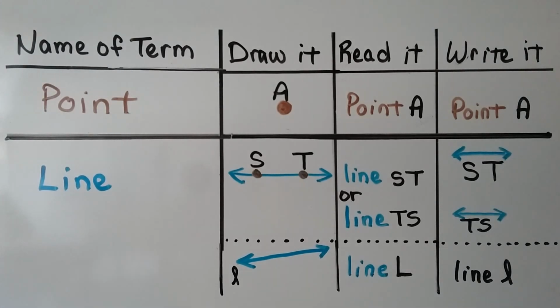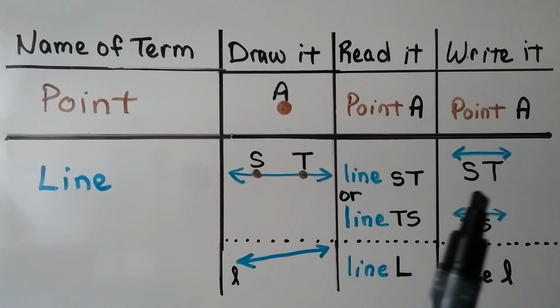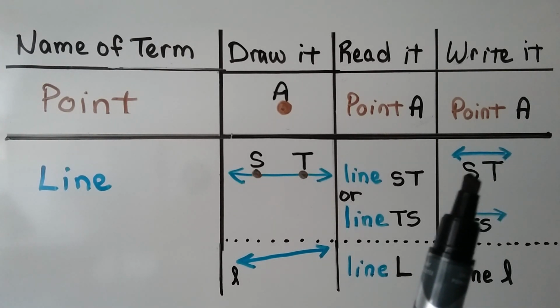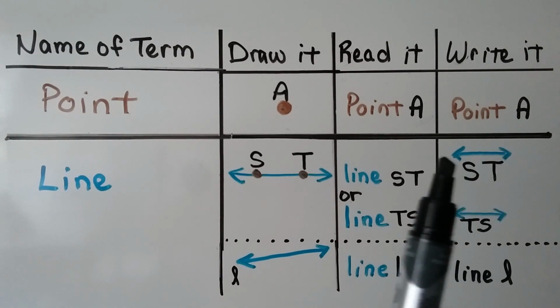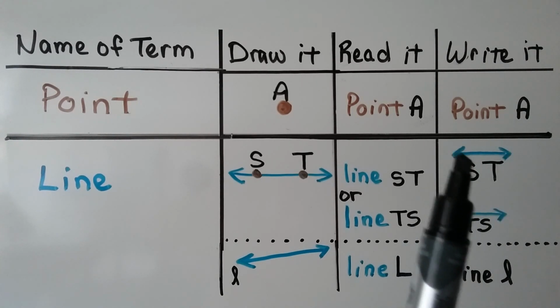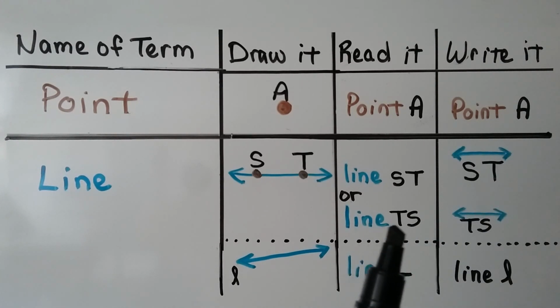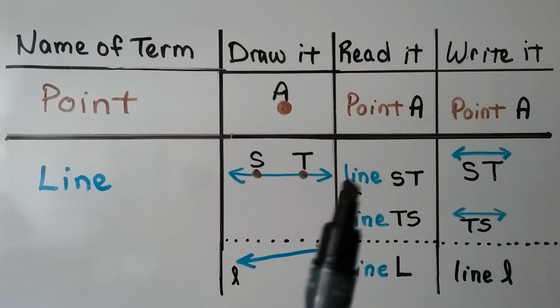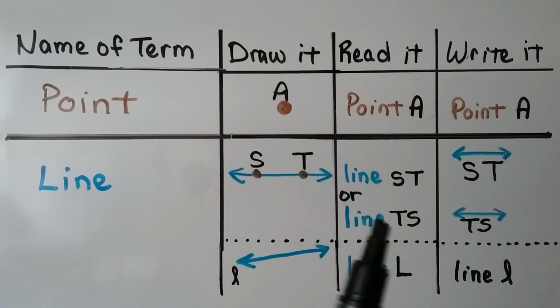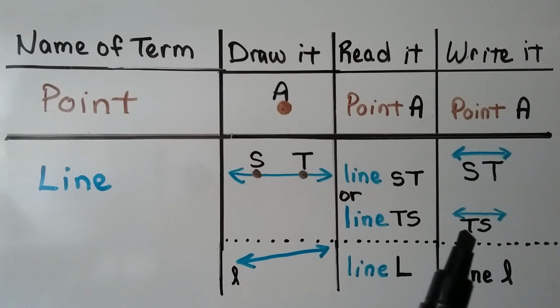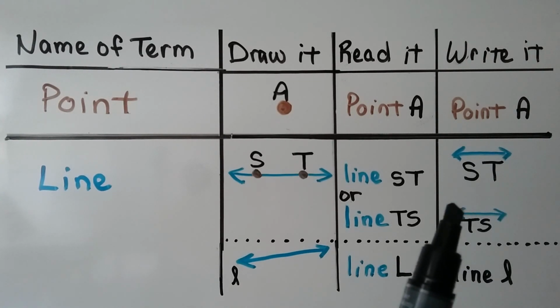The way we would write it is the capital letters for the points, like ST. We would draw a little line on top of it with an arrowhead on each end. Or, since it's going in both directions, and we can read it as TS, we can write it as TS with the little line on top with arrows on each side.